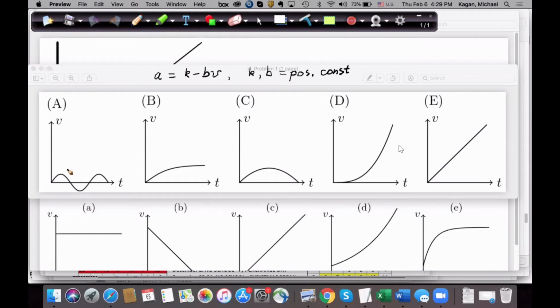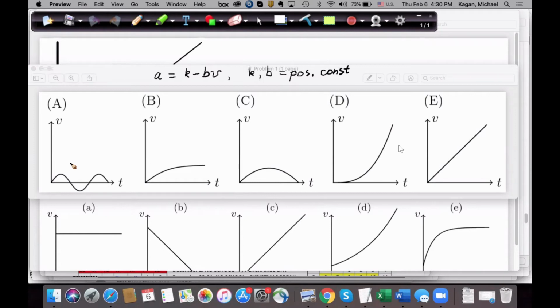Can somebody explain why? Well, I know some of you can integrate, and that's what I meant when I said it helps.